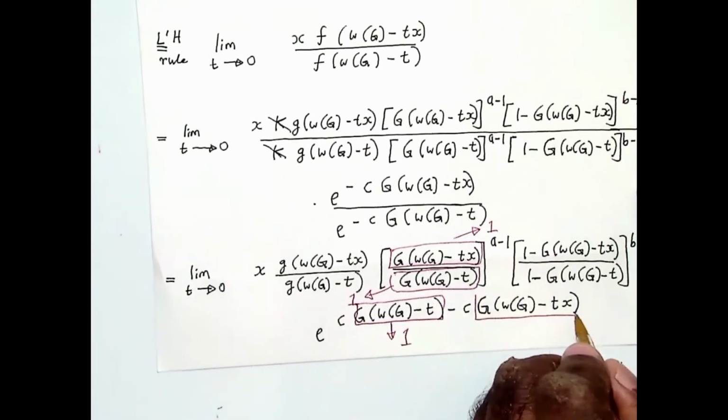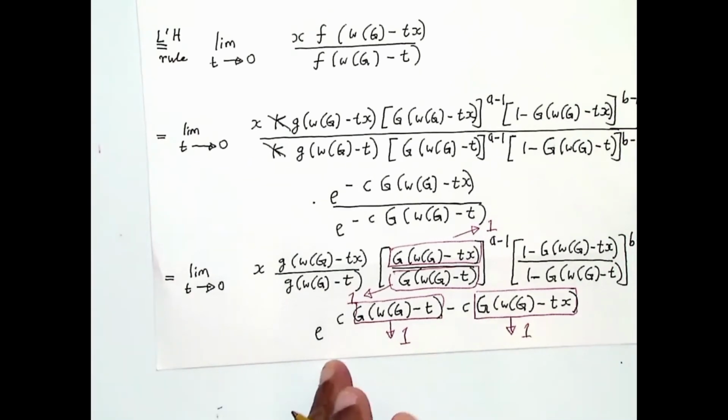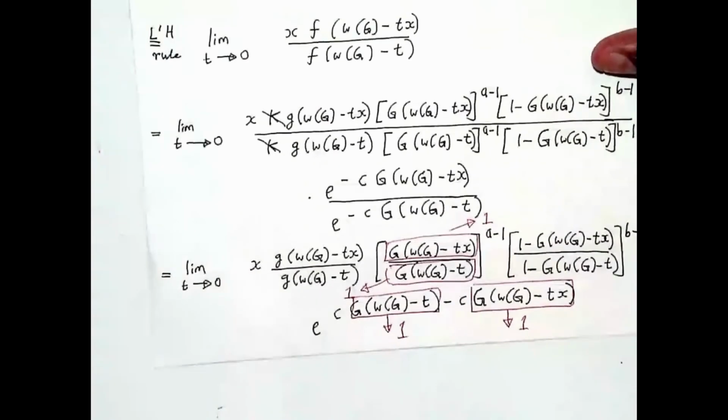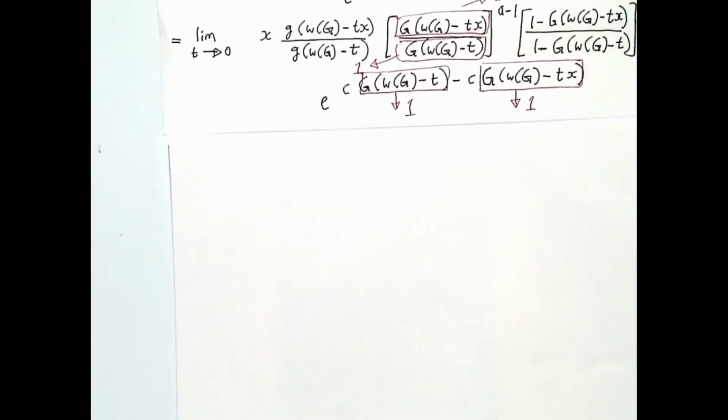And so will this one. So a lot of things simplify. You have 1 divided by 1, and you have c minus c. After cancelling out those terms, this is what you will get.